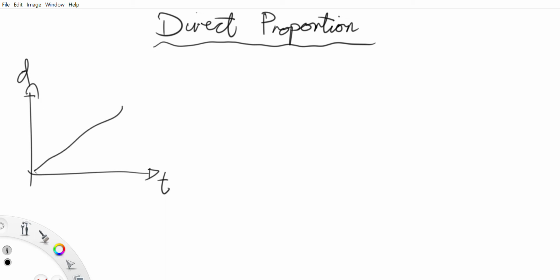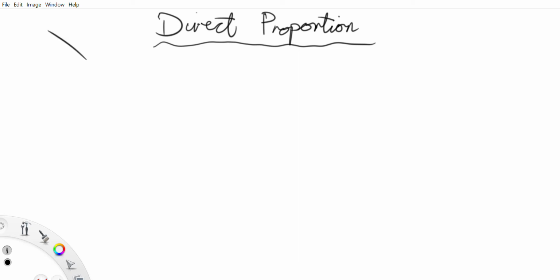What you'll be given in these sorts of questions is some information. Whether it's a car traveling at a speed or something else, it'll be along those lines. So let's say we had a bucket being filled with water. At 1 minute, it fills up 5 liters.